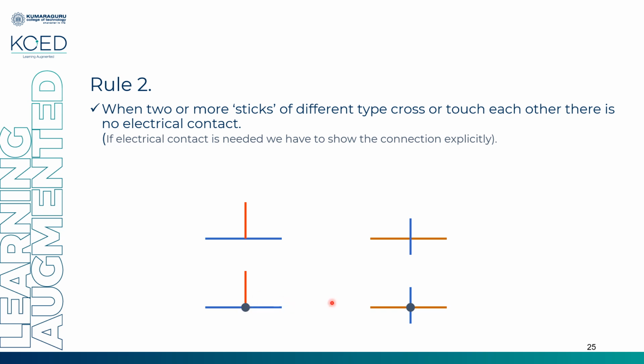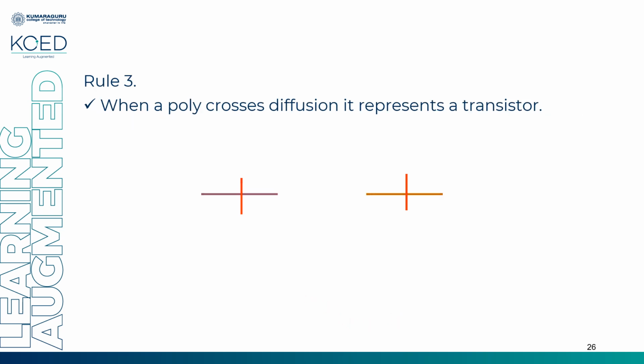If two sticks of the same type of layer cross, there is an electrical connection. If different types cross, unless you mention it, it is unconnected; it is just the crossing of two lines, that's all. Only if you mention a dot is it electrically connected. And your transistor is two different lines, poly and diffusion.